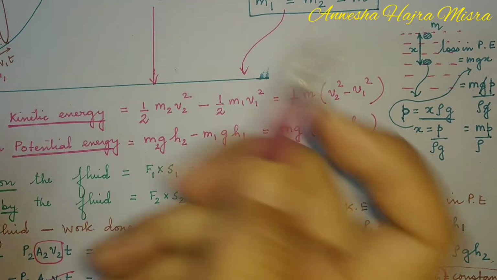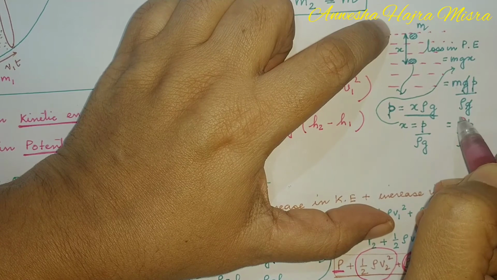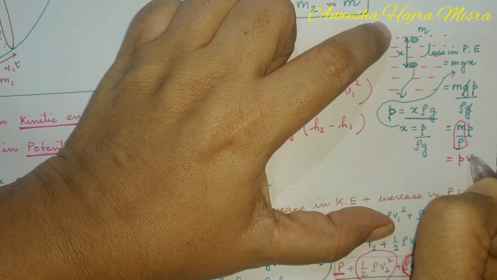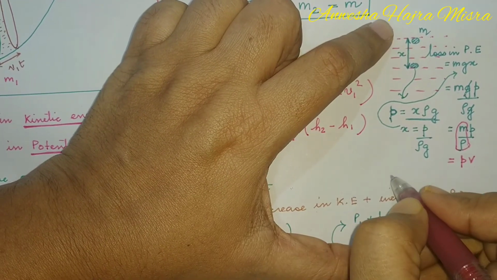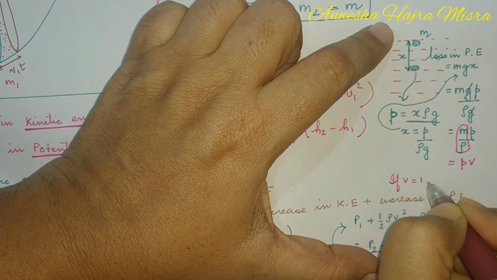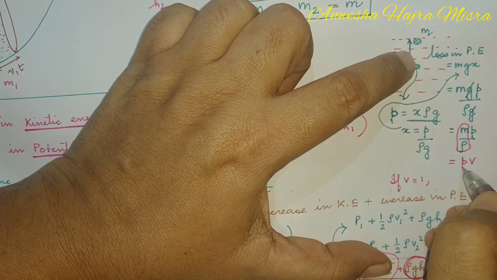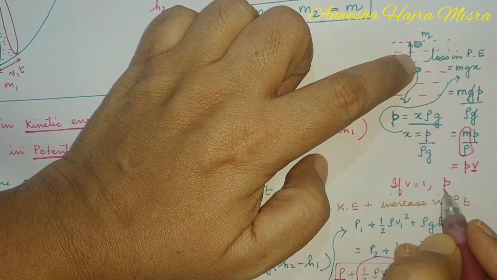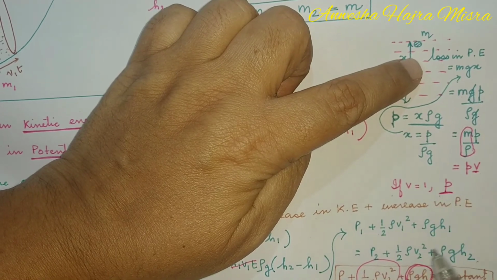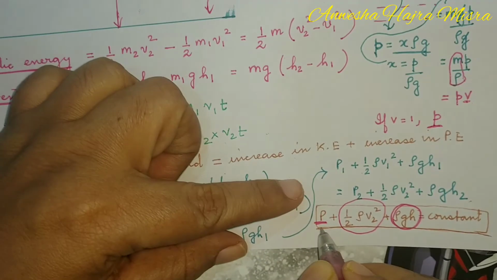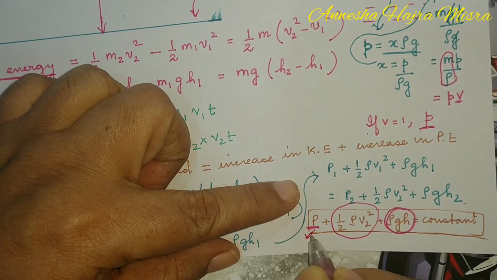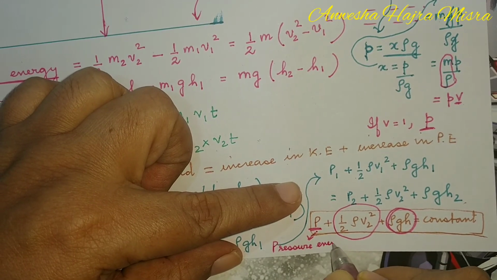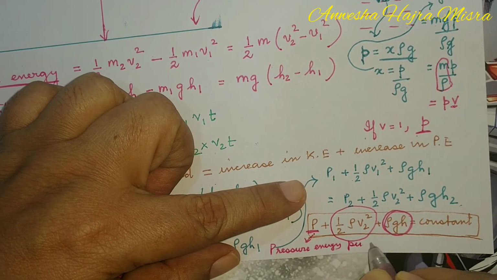Now what is mass by density? Mass by density is volume. So this can be written as PV. If volume is 1, then the loss in potential energy comes out as the pressure energy P. So this P is called pressure energy per unit volume.